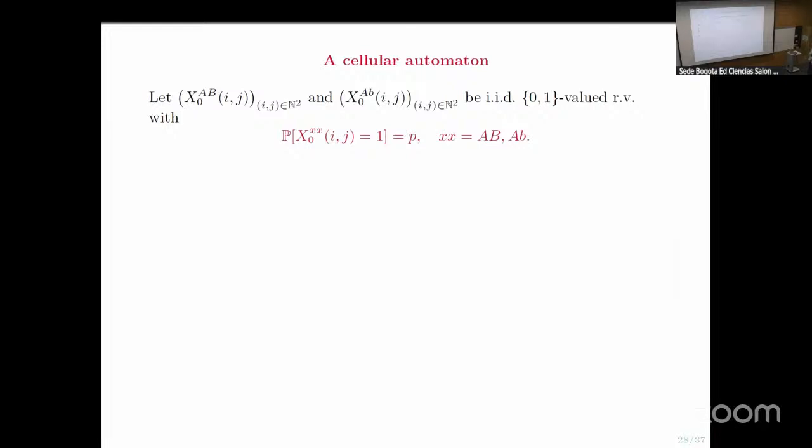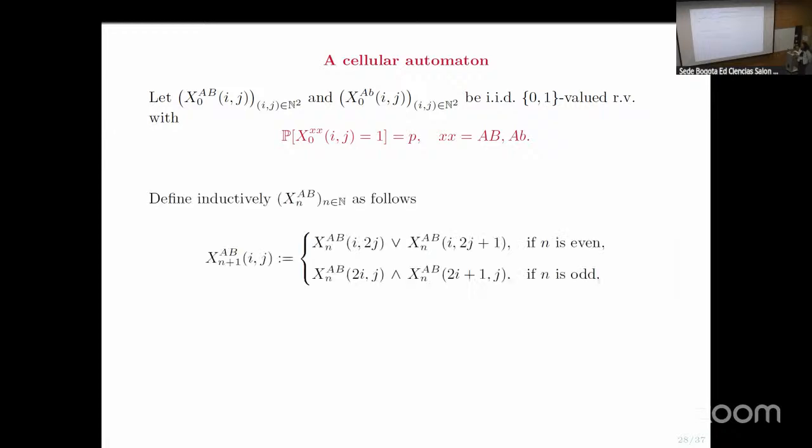Okay, so let me define the cellular automaton that we studied. This cellular automaton is defined on Z squared, and I'm going to start it with random variables, zeros and ones, with intensity p. I put a 1 with probability p and a 0 with probability 1 minus p in Z squared. This is my initial configuration.